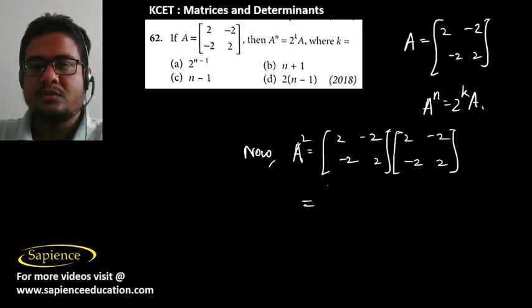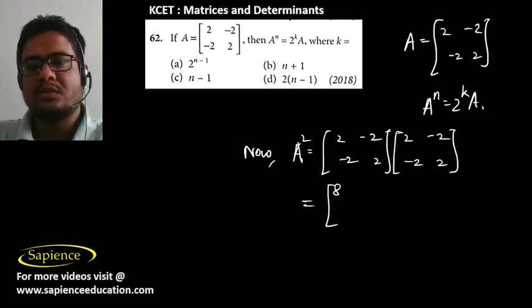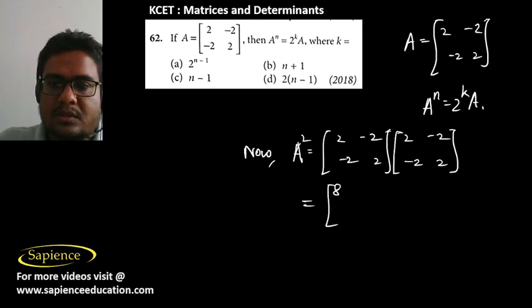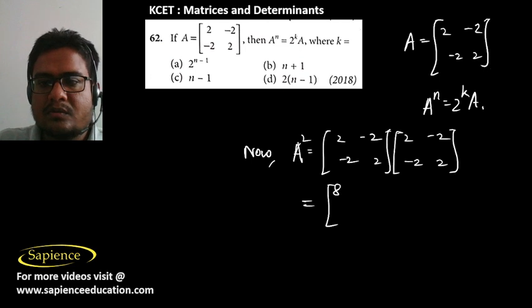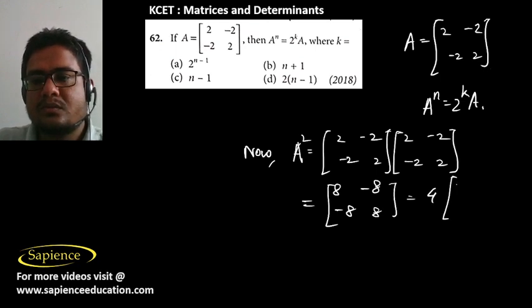That will be equal to 2 times 2 is 4, plus 4, that is 8. First row into second column, so minus 4 minus 4, minus 8. This will also be minus 4 minus 4, that is minus 8, plus 4, that is 8. This will be equal to 4 into the matrix 2 minus 2, minus 2 2, that is 2 square A.